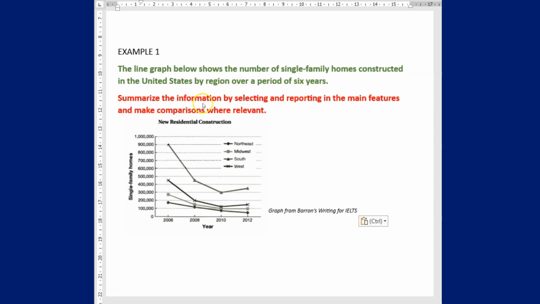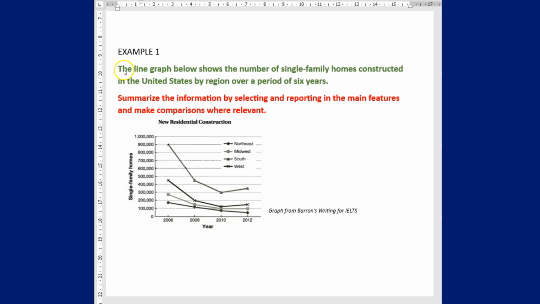Summarize the information by selecting and reporting the main features and make comparisons where relevant. You can see the format of the question is always the same in all types of graphs.